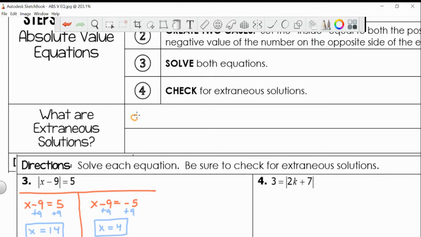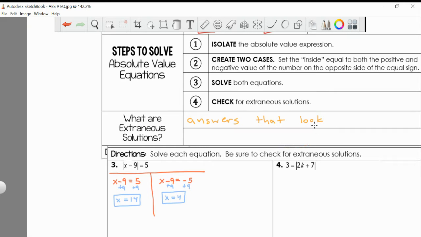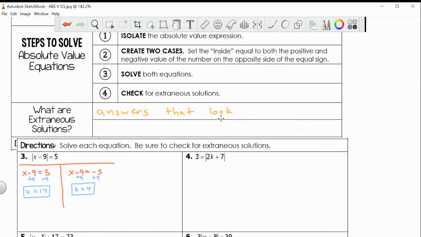Extraneous solutions are answers. This is really important if you're kind of zoned out here. Answers that look good, that we find correctly, and then let me switch to red, I guess, here, but don't work.